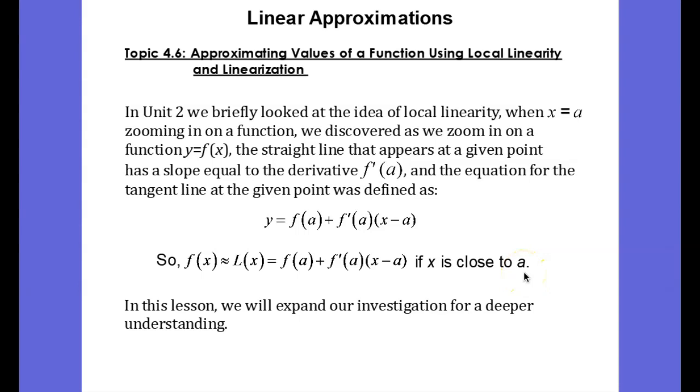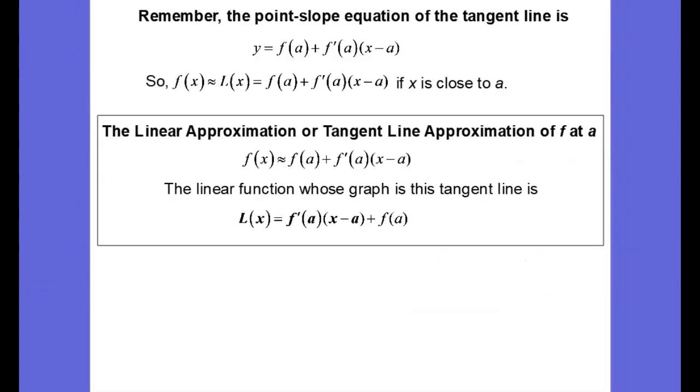In this lesson, we'll expand our investigation for a deeper understanding. Linear functions are much easier to work with than higher degree polynomials, functions with radicals or rational exponents, and certainly transcendental functions.